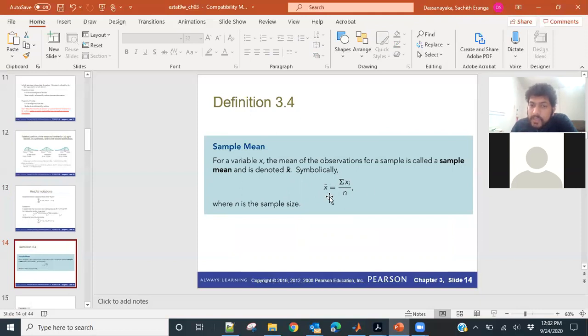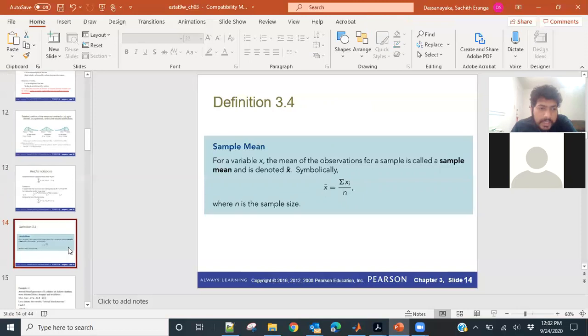We denote it by x bar, x with a bar on top of it. So the summation of xi divided by n. n is the number of observations, or we call it sample size. Sample size means the number of observations in your sample.